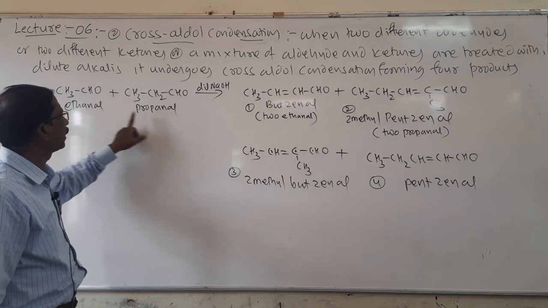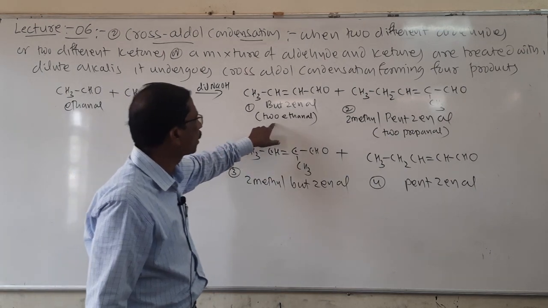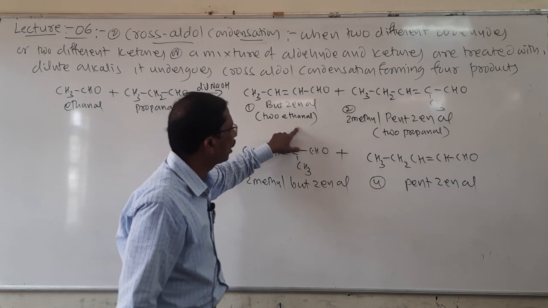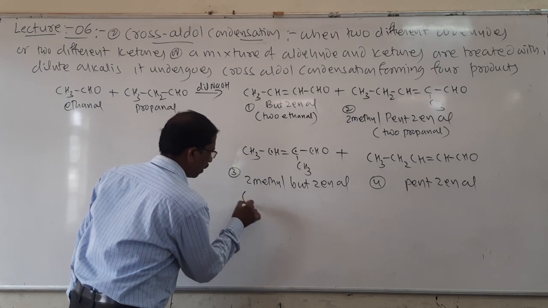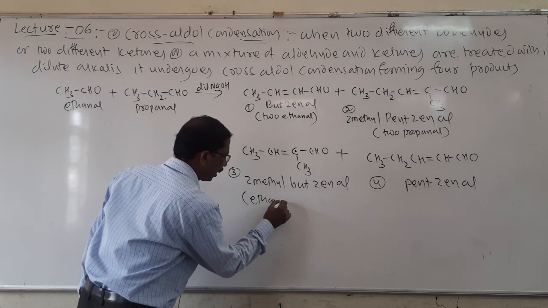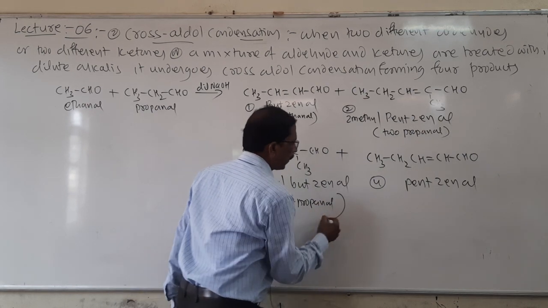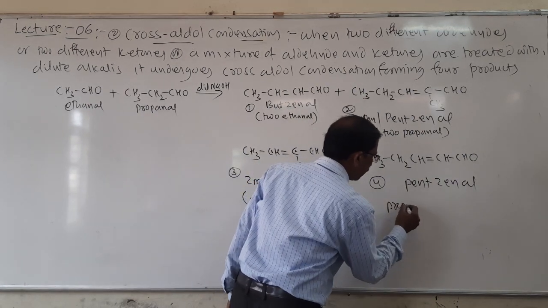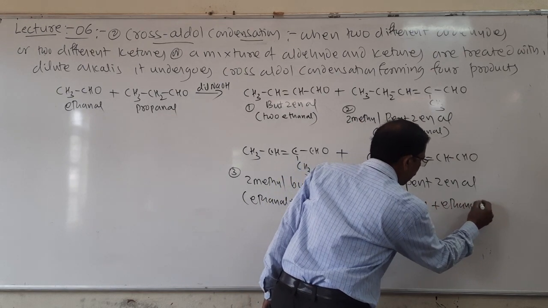When ethanal is treated with propanal in presence of dilute NaOH, it undergoes cross aldol condensation. Here the first is from 2 ethanal and the second is from 2 propanal, and the third one is formed by ethanal plus propanal, and the fourth by propanal plus ethanal.